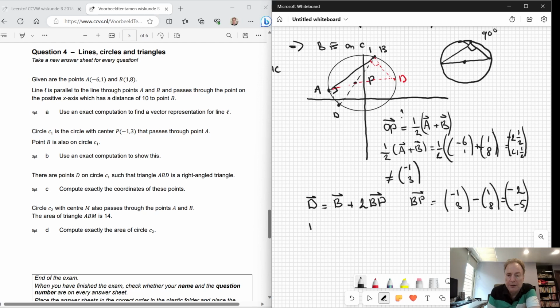So then we find D equals 1, 8 plus this vector, this is a negative sign, -1, 3.